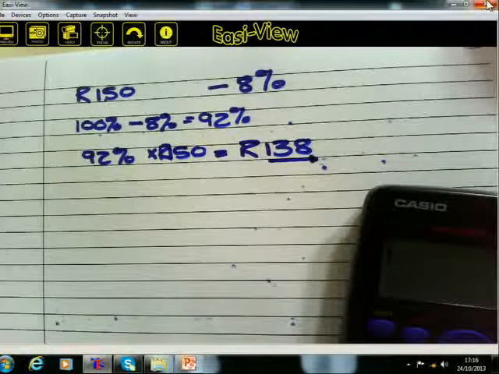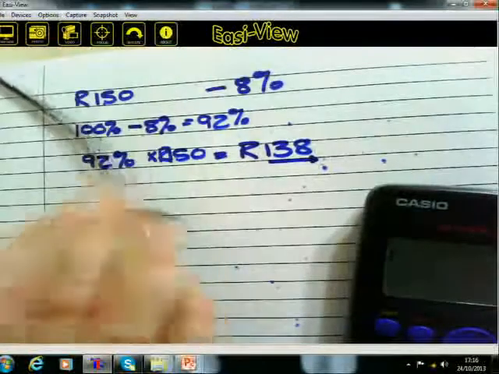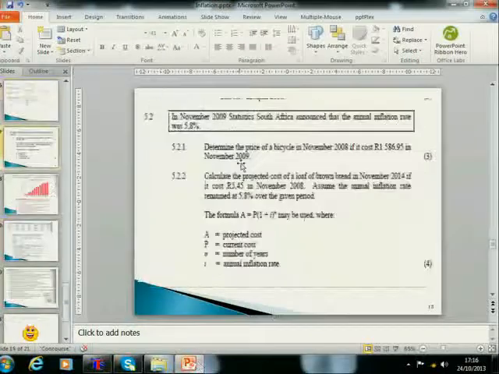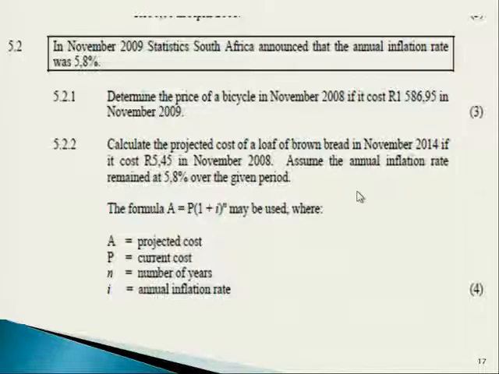Right. Now the next section that I want you to do is the second part of that question as it was in the question paper. There was the graph. Right. There is the second part of that question as it appeared in the question paper of November 2010.